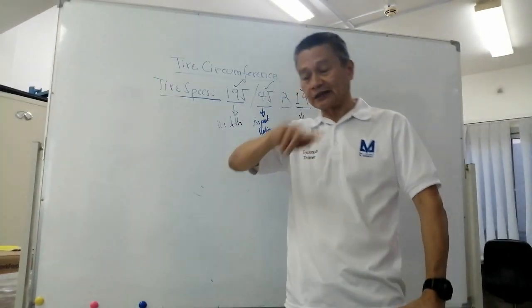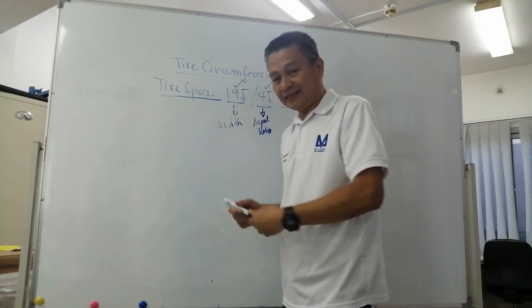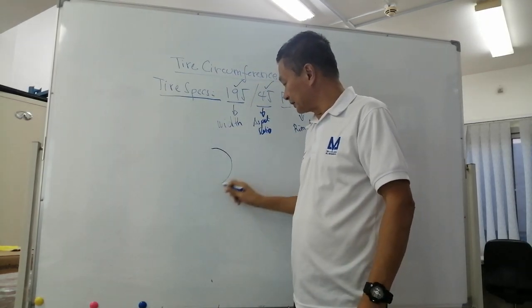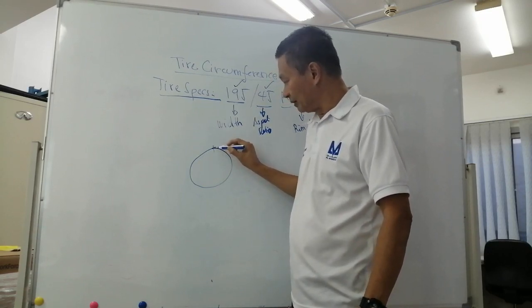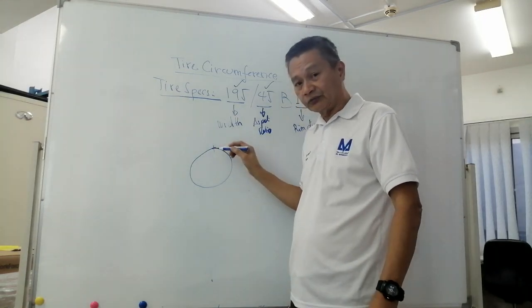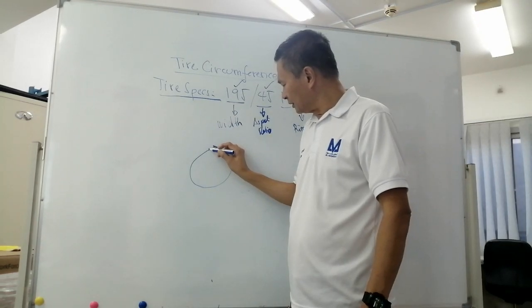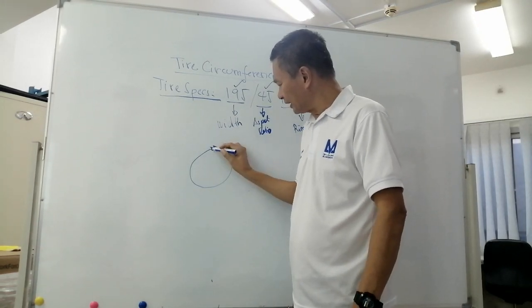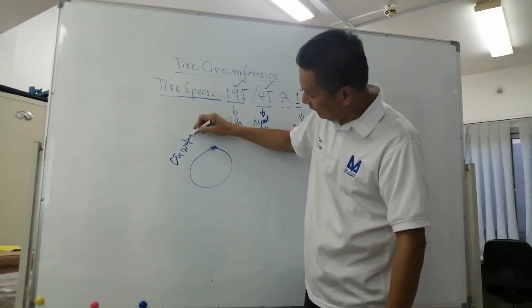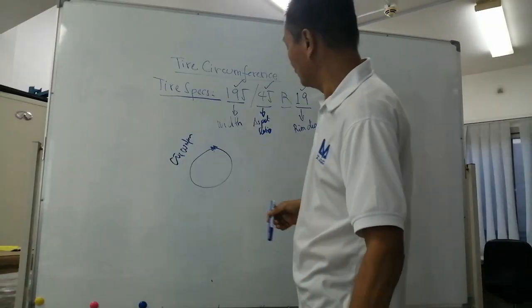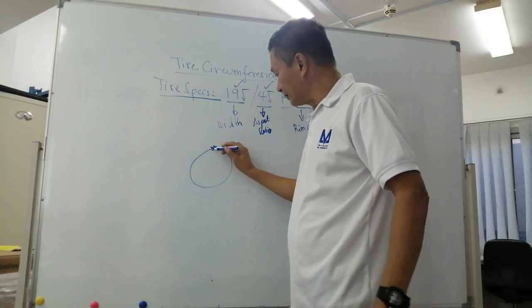If you have a circle and this is the starting point, one complete revolution, which is 360 degrees, is the circumference.